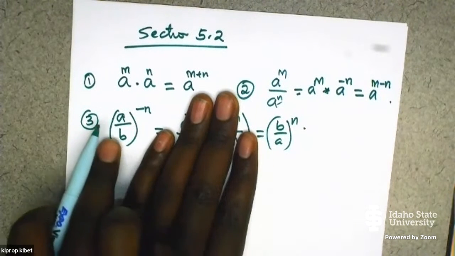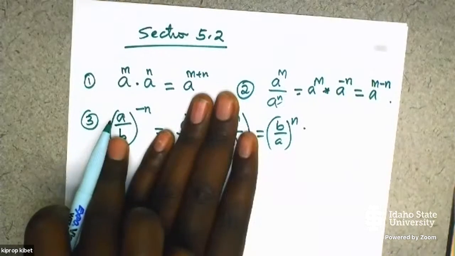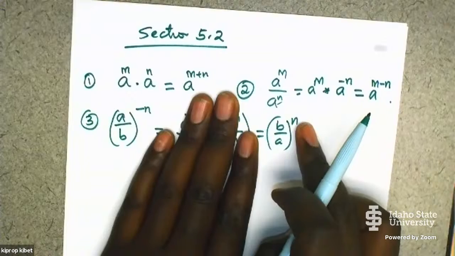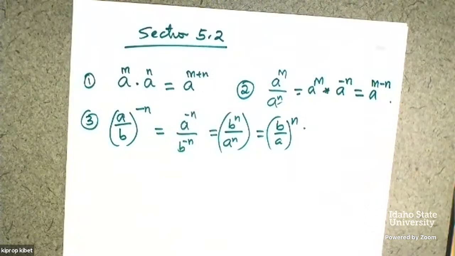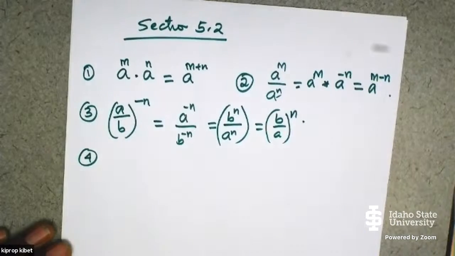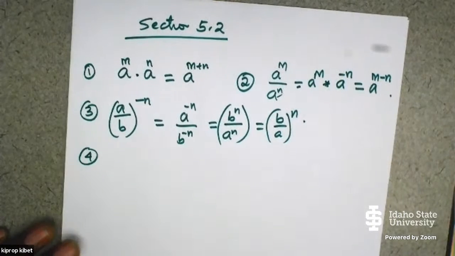So you just interchange this, and once you interchange it, the sign here will be positive. Are we together? Number 4. Any question up to that?